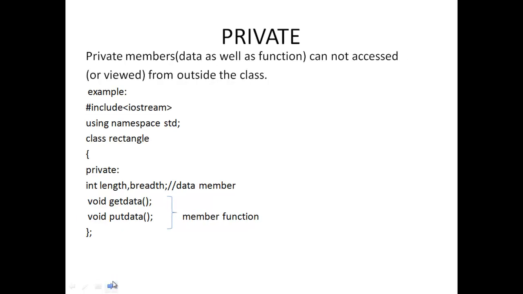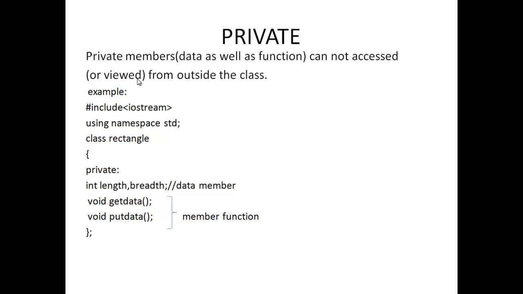Next is private. Private members, that means data members as well as member functions, cannot be accessed from outside the class. Okay, that means whichever data values or member functions are declared as private, these are totally secured from outside the class. Any other class cannot access those private values.